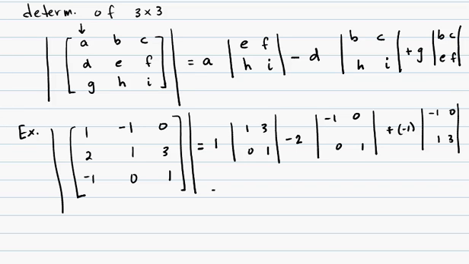And now I can find these numbers. I have 1 times, the determinant here is 1 minus 0, so 1, minus 2 times negative 1 minus 0, minus 1 times negative 3. And that gives me 1 plus 2 plus 3, and that's 6.